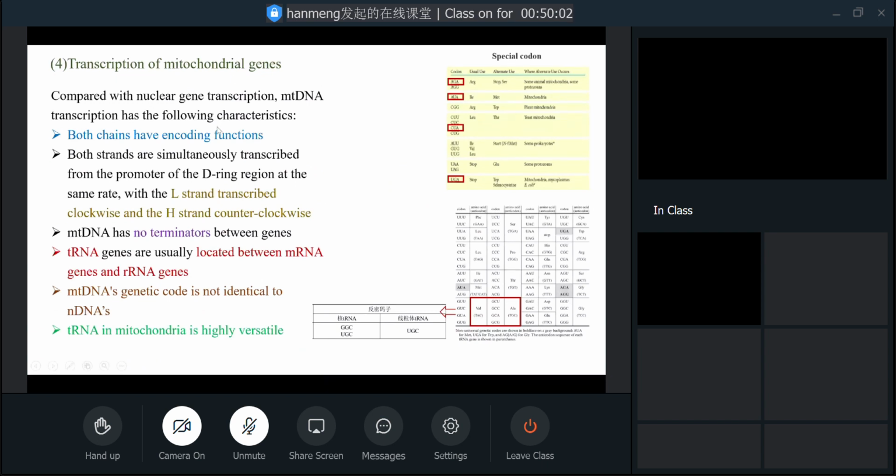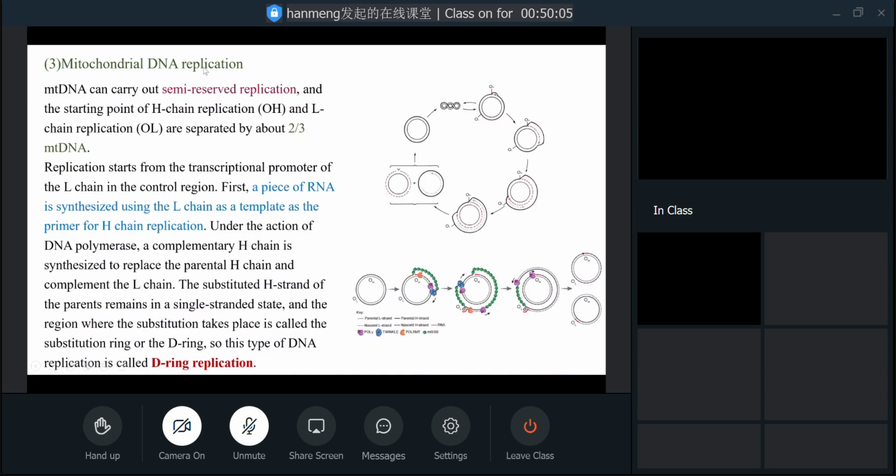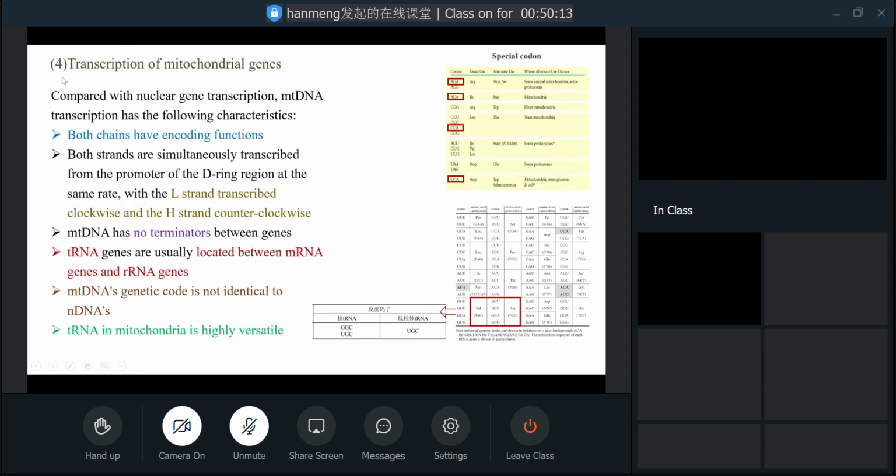The mitochondrial DNA can replicate, and it also needs to be expressed in the mitochondria. So next we will learn the transcription of the mitochondrial DNA. Compared with nuclear gene transcription, the mitochondrial DNA transcription has the following characteristics. First, both chains of the mitochondrial DNA have encoding functions.